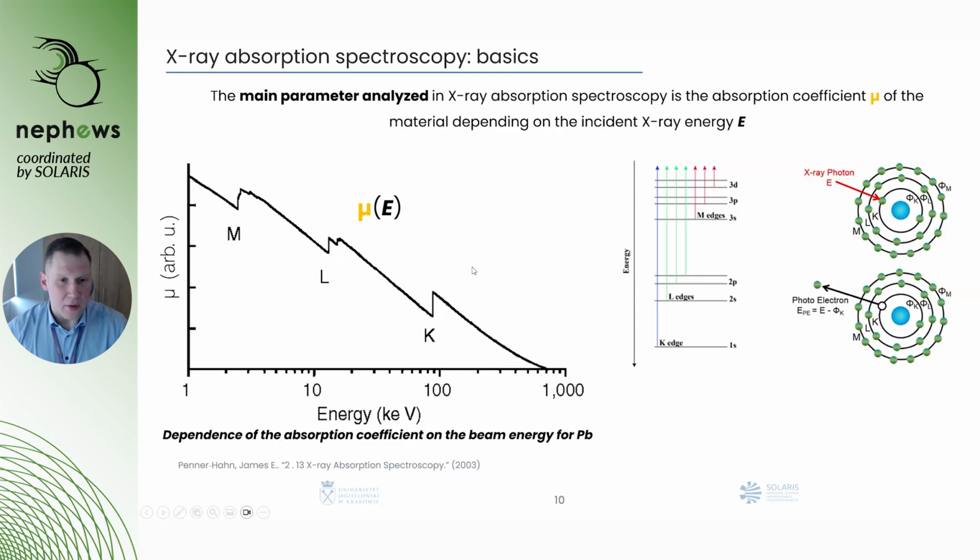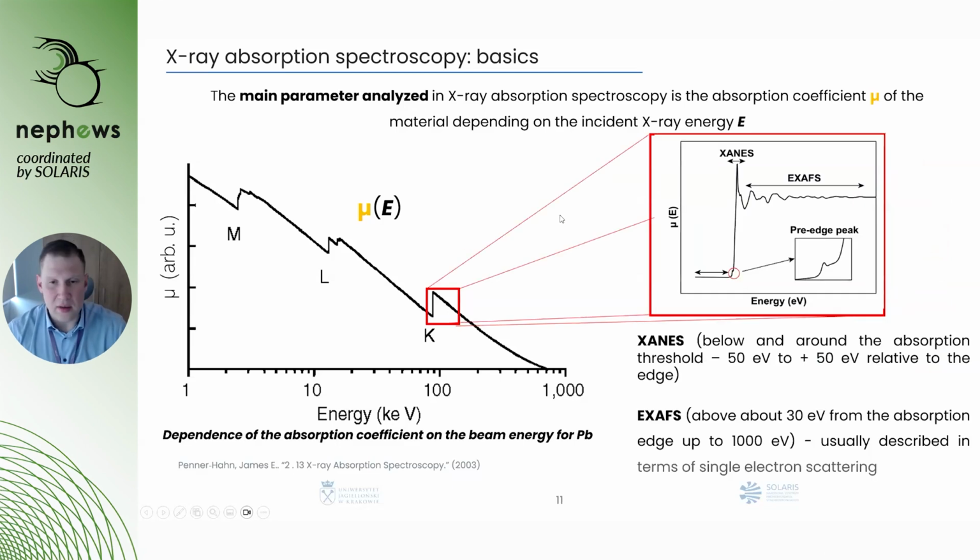Taking into account that it depends on which core level we excite the electron from, we have the names of the absorption edges, like K absorption edge, L absorption edge, and so on. What is quite interesting, when we look very precisely at these absorption edges, we can see that they have a quite developed substructure.